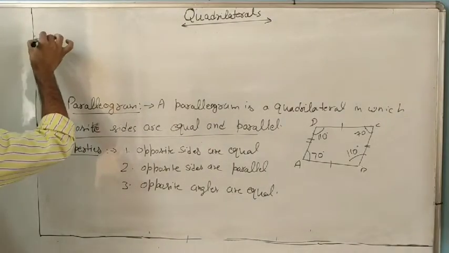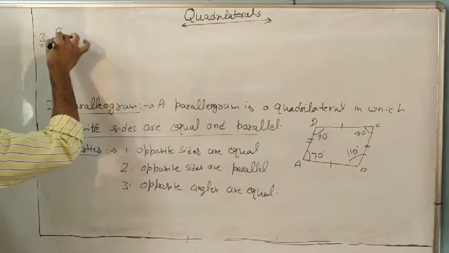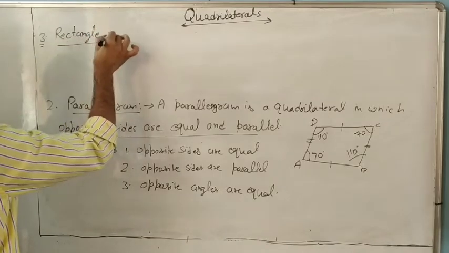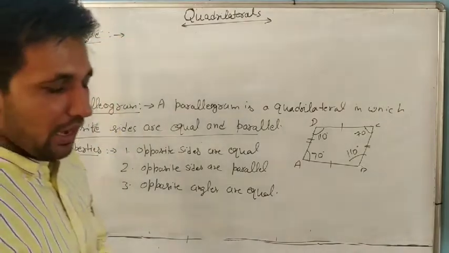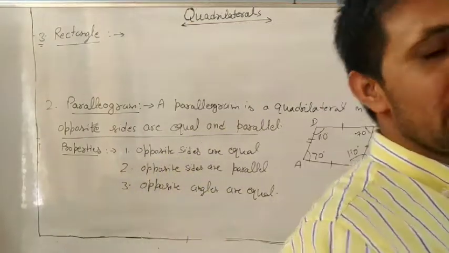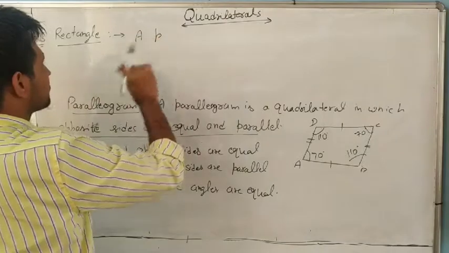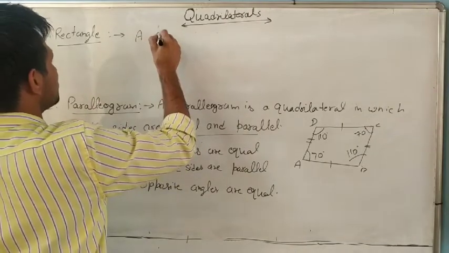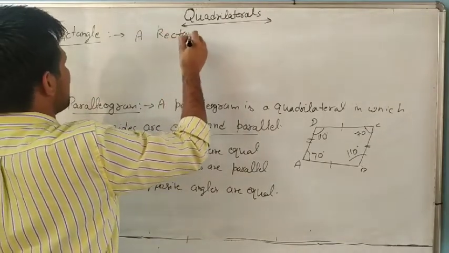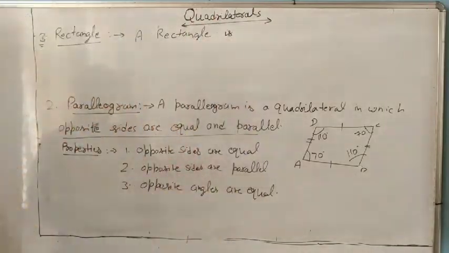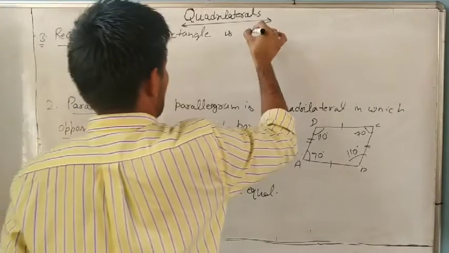Third, rectangle. What is a rectangle? Now I am adding a word in this one. A rectangle is a parallelogram.